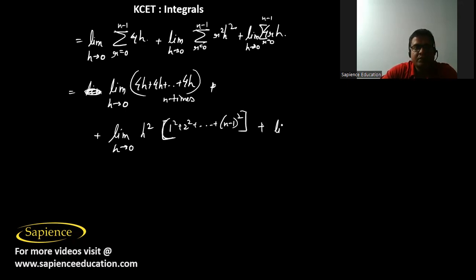Then plus we have to do limit h tends to 0. H is coming outside, then 4h is coming outside, and then summation r means from 1 to n minus 1: 1 plus 2 plus 3 plus up to n minus 1. This we have to add.